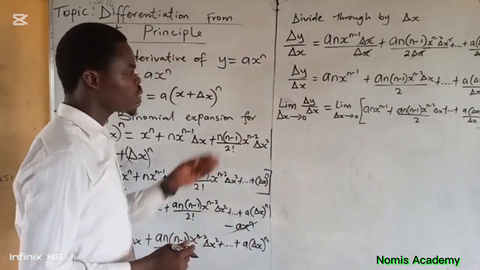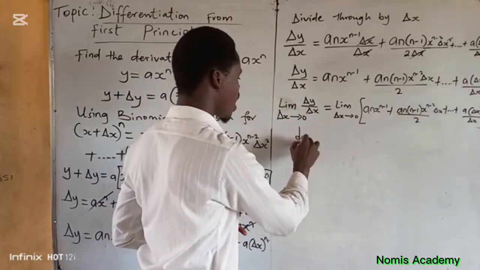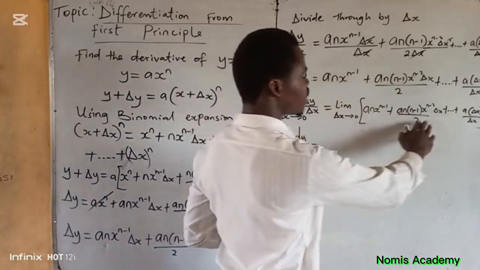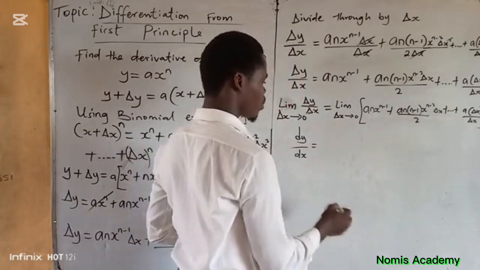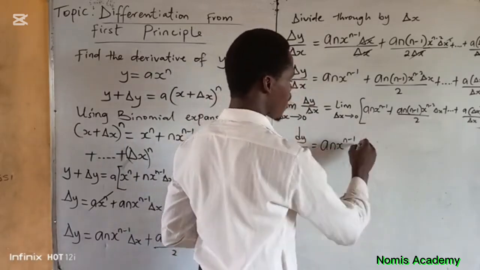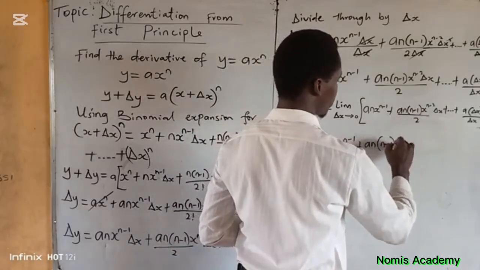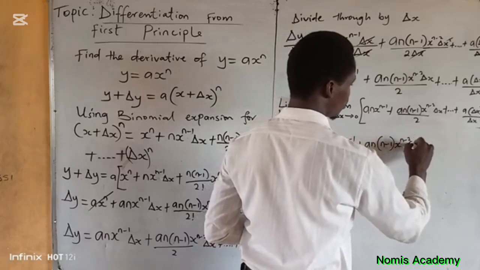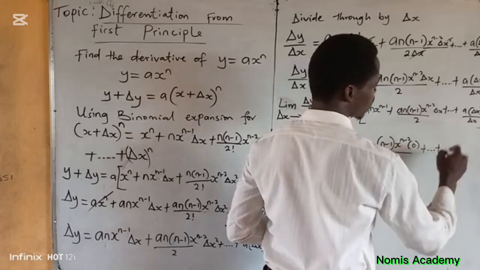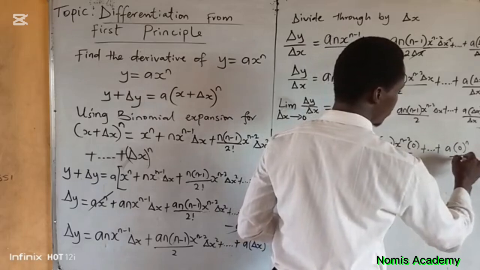Okay, now when we take the limit, delta y over delta x becomes dy over dx equal to, now wherever you see delta x, you slot in 0. So we have a n x n minus 1 plus a n into n minus 1 x n minus 2 times 0 all over 2 plus ellipsis plus a 0 raised to the power of n all over 0.